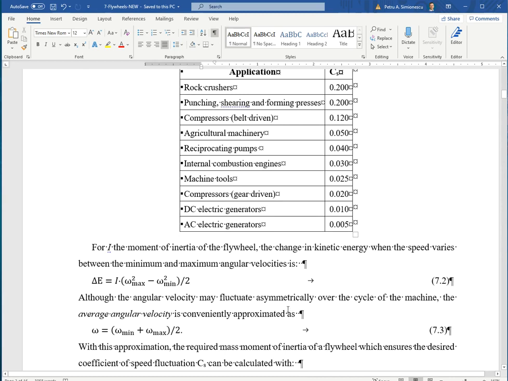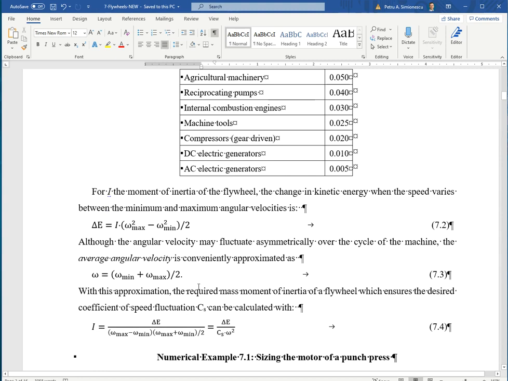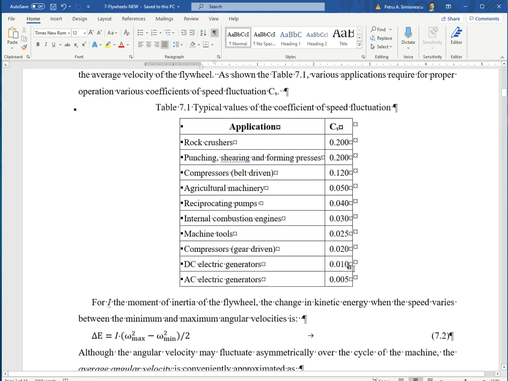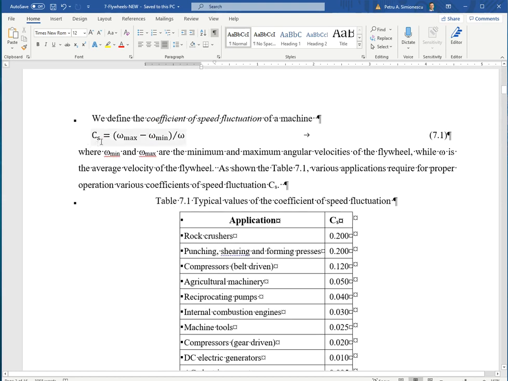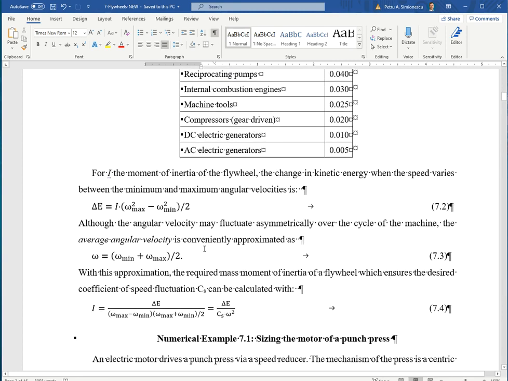Okay, so how do we calculate the desired moment of inertia of the flywheel to satisfy an imposed, given coefficient of speed fluctuation? Well, you need to know the change in kinetic energy, delta E, between the flywheel and the shaft, the power source.